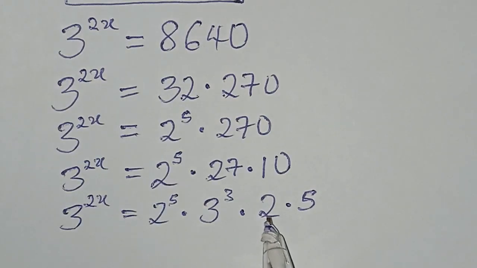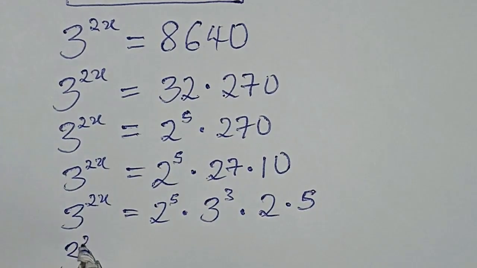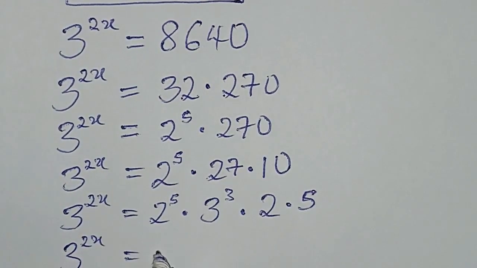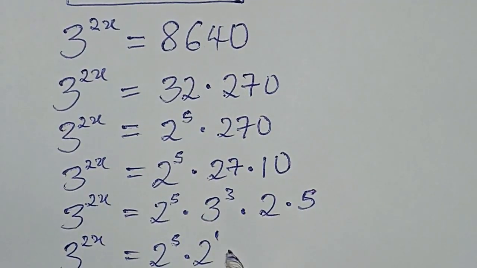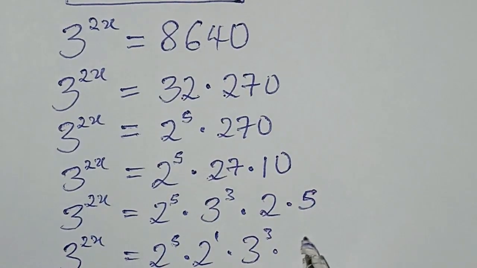Then we can bring this 2, which is to the power of 1, together with this 2^5. Then we have 3^(2x) is equal to 2^5 multiplied by 2^1 multiplied by 3^3 multiplied by 5.